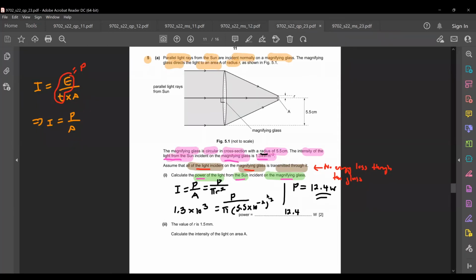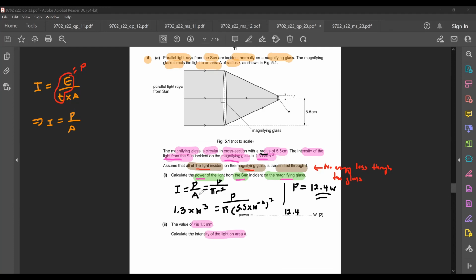Now the value of your radius R is 1.5 millimeter. Calculate the intensity of the light on area A. This R that they're mentioning now is actually the R of the smaller area.